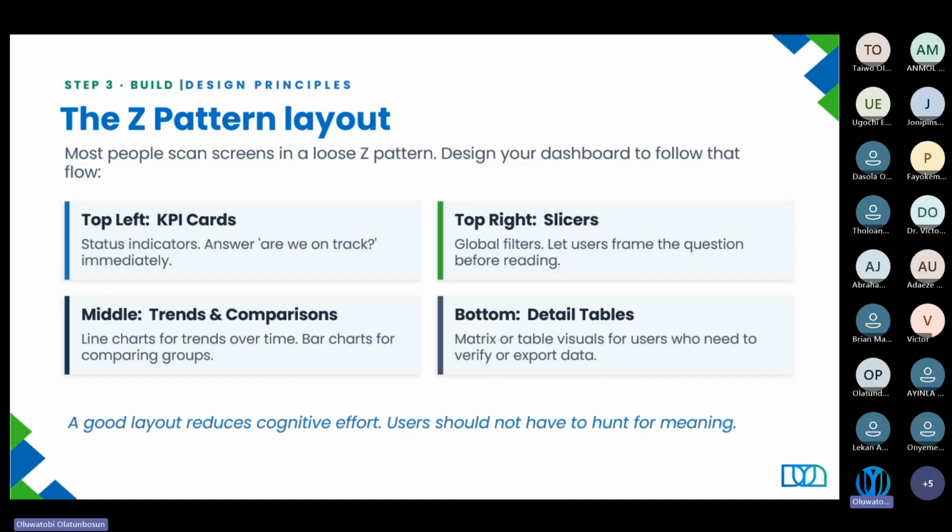Your top left should have your KPI cards. Your top right should have your slicers. The middle should have trends and comparisons. If you want to put your map, you can. Then the bottom details should contain your tables, anything you want to put, right?